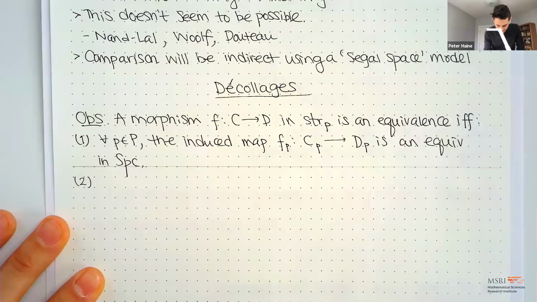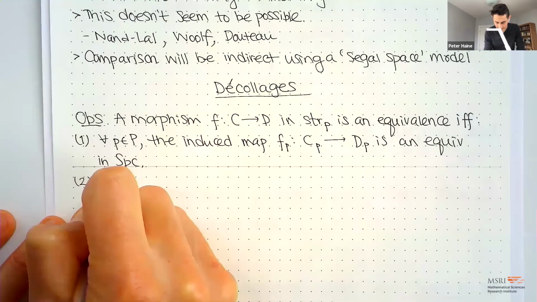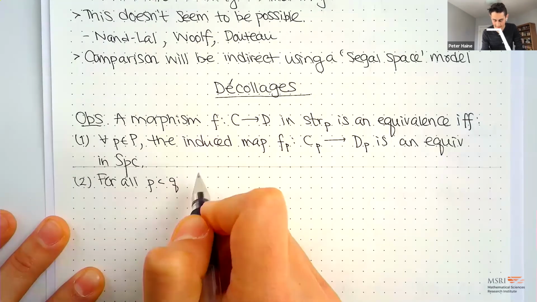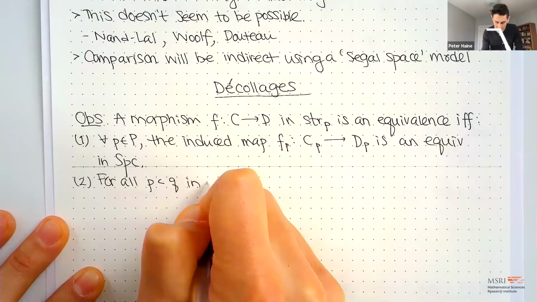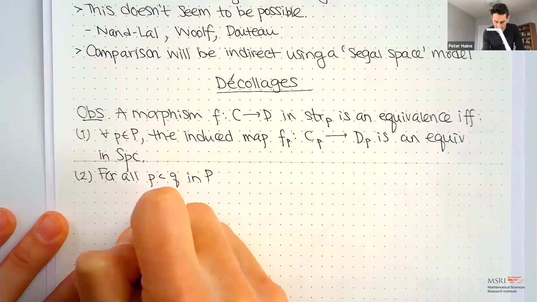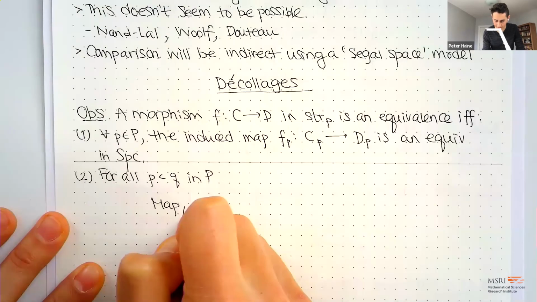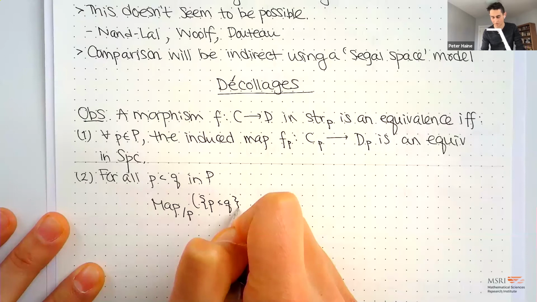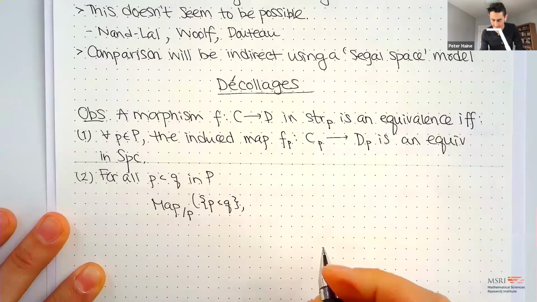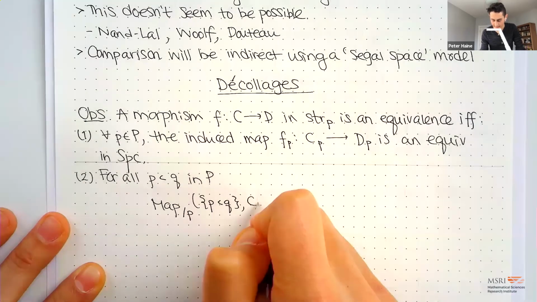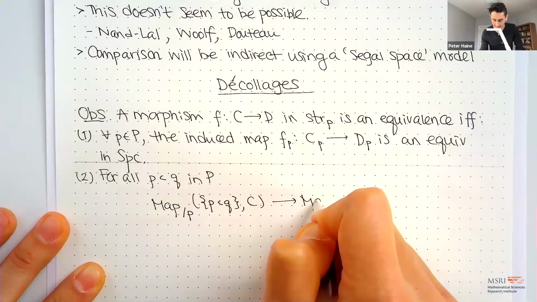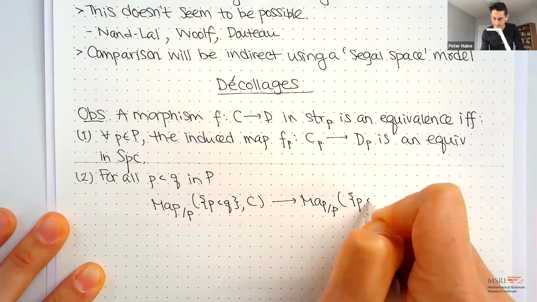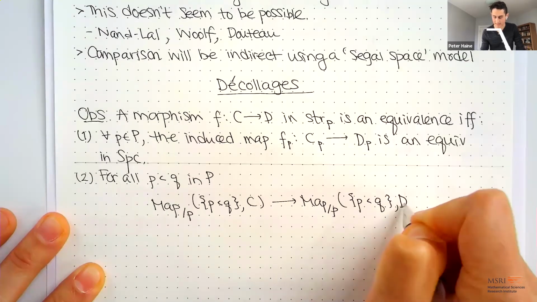The second condition is for all p less than q in P, the same sort of condition: if I take maps over P from the poset p less than q, sitting over P in the usual way, from C, and I do this for D, that this is an equivalence.